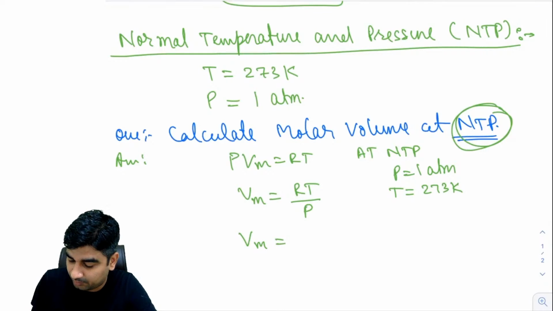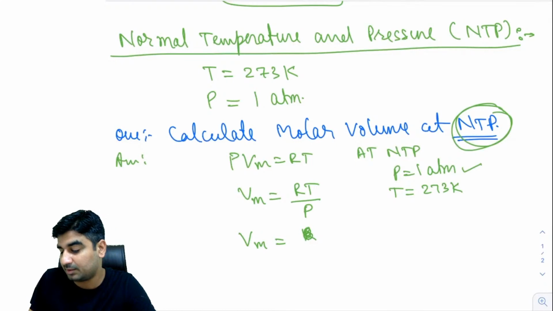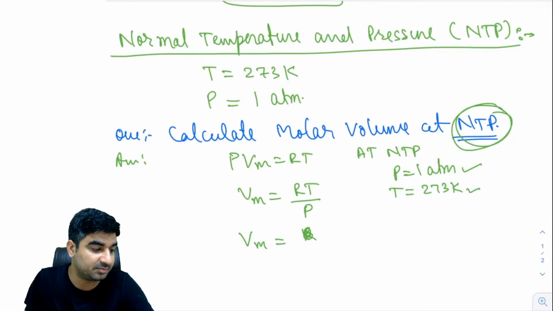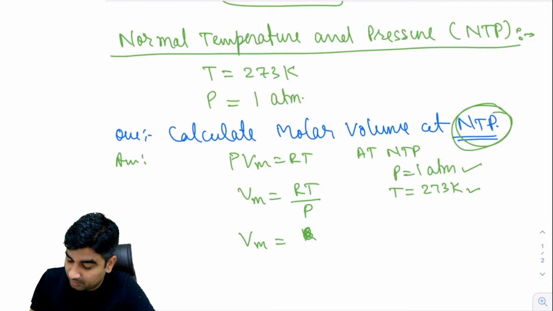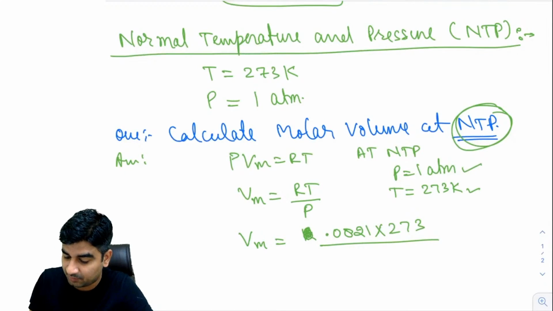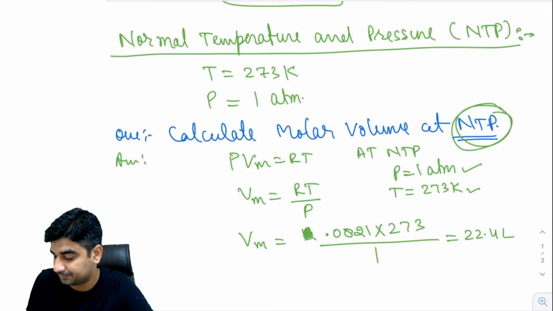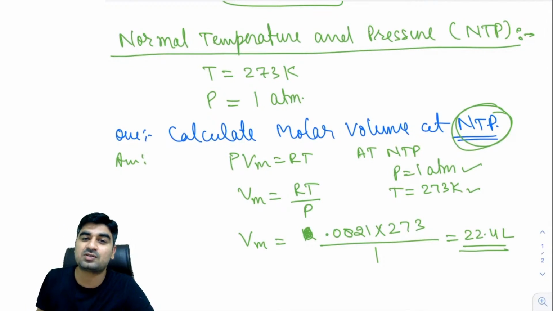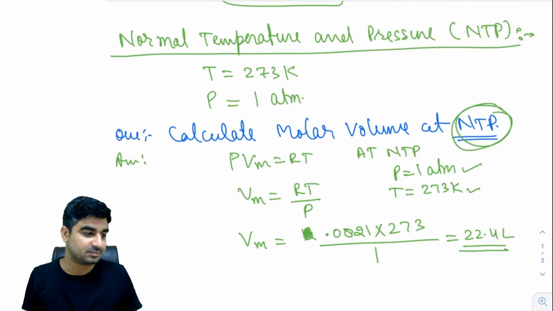So molar volume will be R. If it is in atm and Kelvin, I will take R as 0.0821 and temperature in Kelvin, that is 273. Pressure will be 1. So it will be 22.4 liter. So this is the volume of 1 mole at NTP.